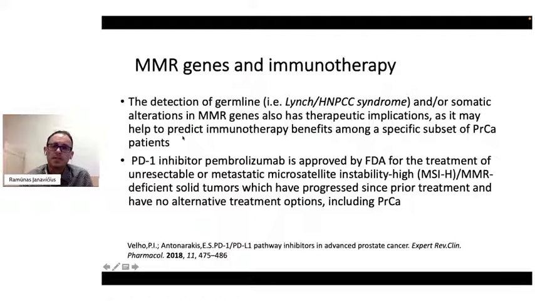This concept comes from Lynch syndrome, because it was, and still is, a very useful marker for screening of potential inherited non-polyposis colorectal cancer, or Lynch syndrome, in mismatch repair genes, the other DNA repair pathway.